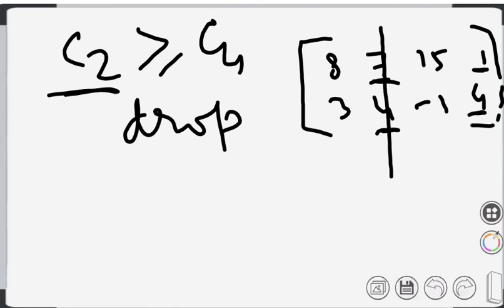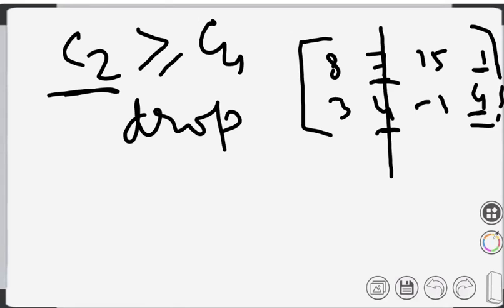Think about it, because player B is minimizing his loss. If he knows that by playing strategy 4 he will minimize his loss compared to the second strategy, why should he play it? If he's a rational person, he always wants to minimize his loss. So he will never play strategy 2, and that's why it will be dropped, because he knows by playing strategy 2 he will lose more money than playing strategy 4.